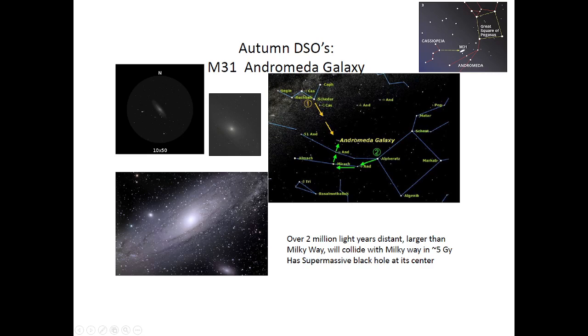And if you're in a relatively dark sky with no moon, you can even see it naked eye. If you go to our club observatory at Jenny Jump State Park, I've seen it naked eye. And this is, again, about 2.5 million light years distant. And eventually this particular galaxy will collide with the Milky Way.